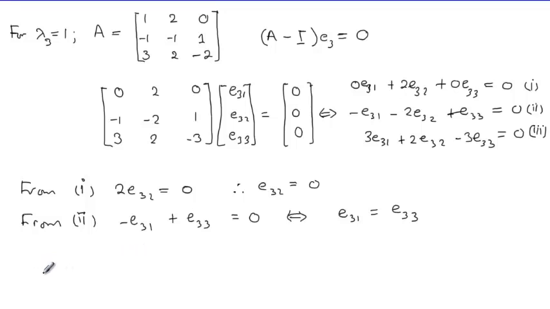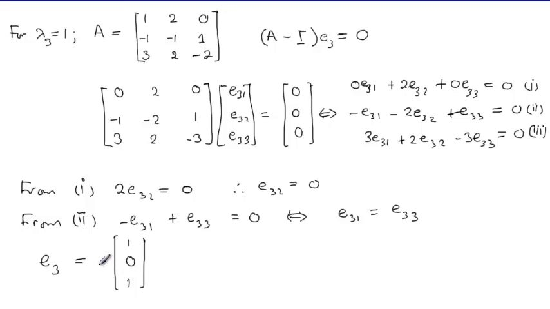So in this case now, we are ready to build our vector. We can now say our eigenvector number 3 has the middle component being 0, the first and the last component equal. Then you can conveniently choose the 1 and the 1. Somebody else could have chosen 2 and 2. That's your choice.